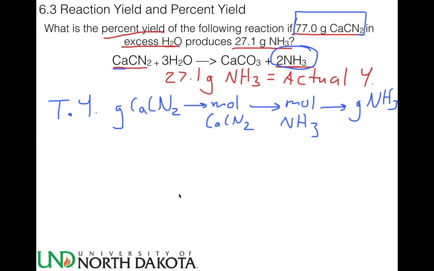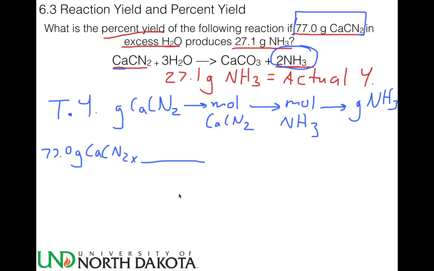We'll start with our grams of calcium cyanide that's given to us in the problem. 77.0 grams of CaCN2. The molar mass of calcium cyanide is 80.11 grams per 1 mole.